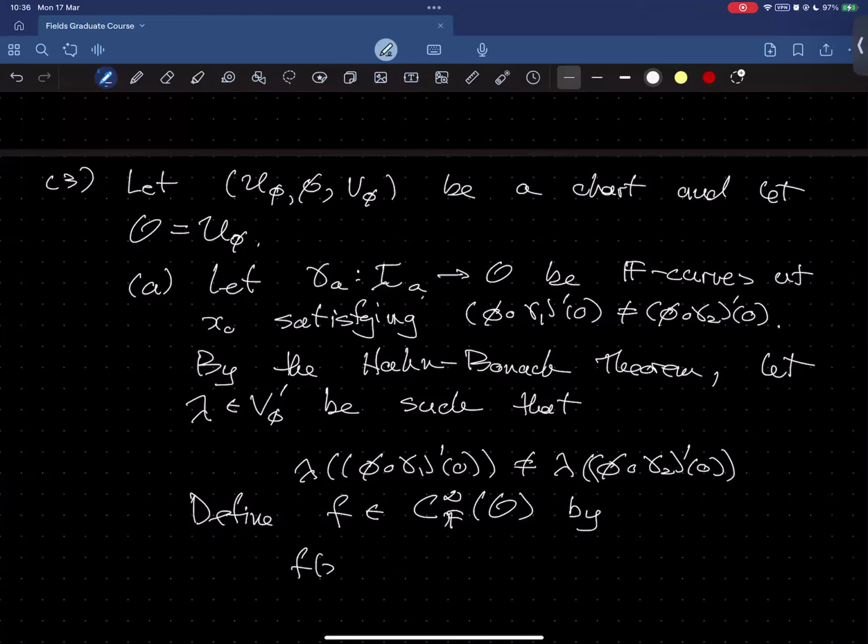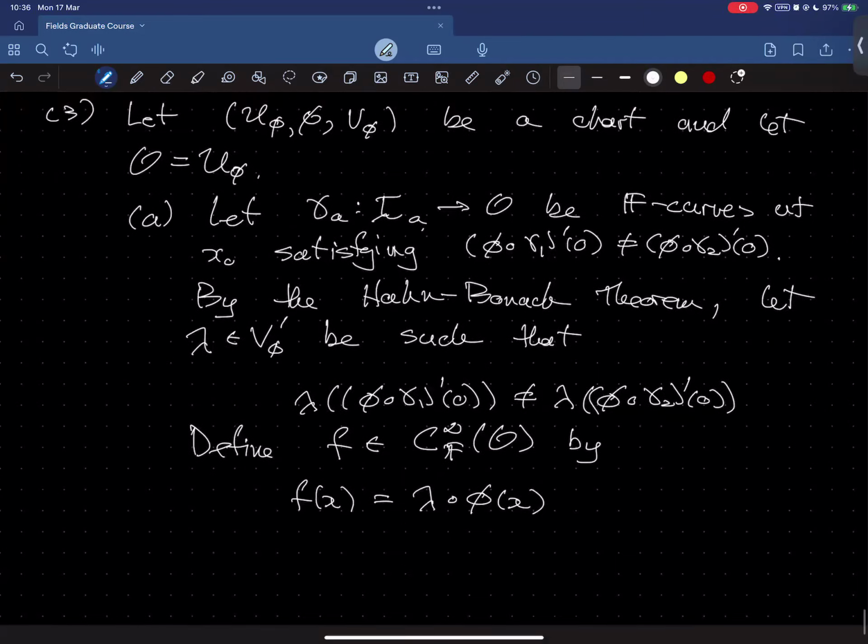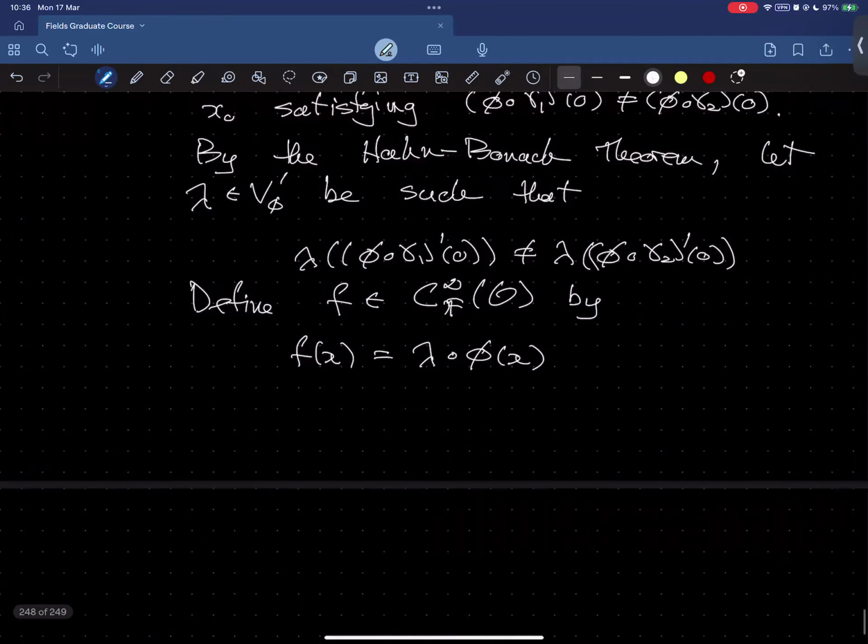So f at a point x, where x is a point in my chart domain, I'm going to define by applying lambda to the image of x under phi. So it's lambda composed with phi of x, like that.